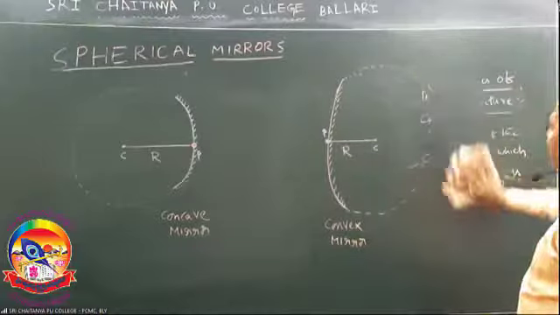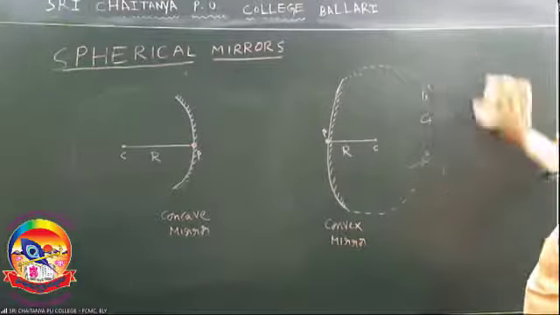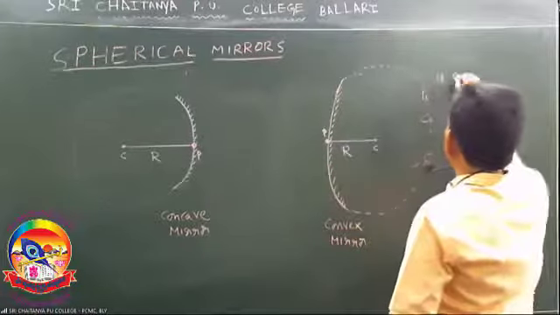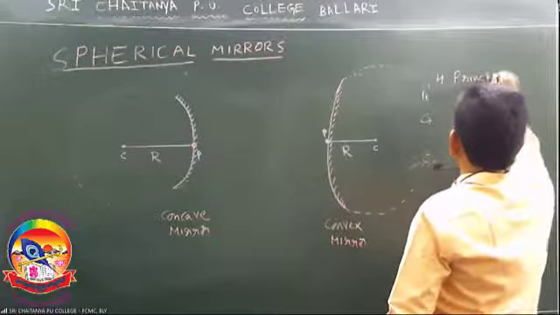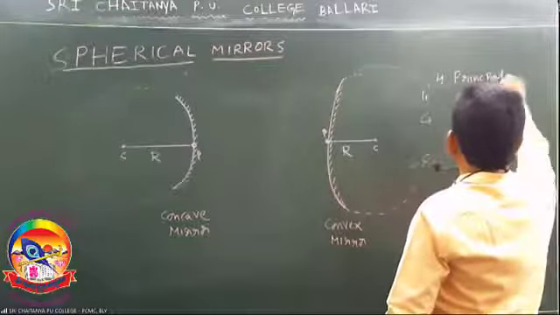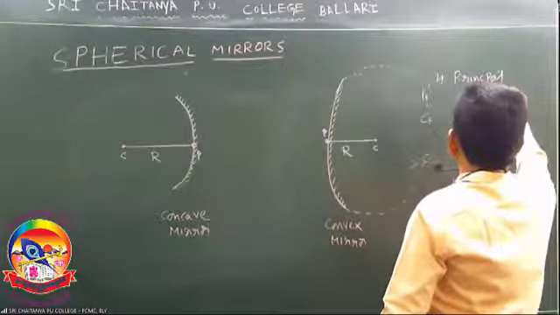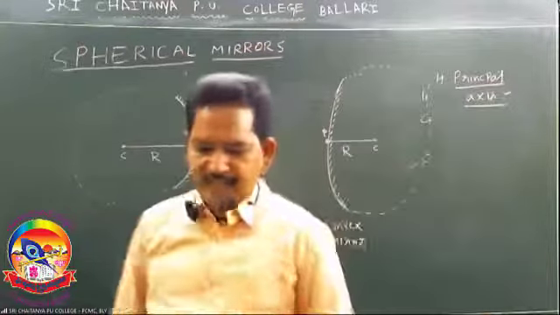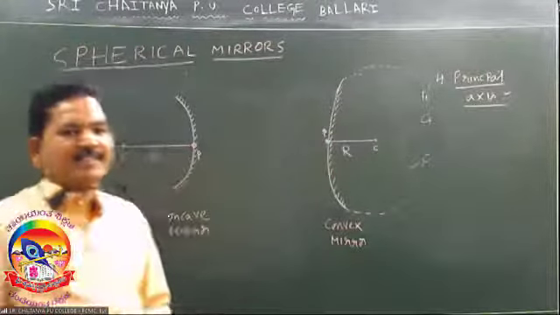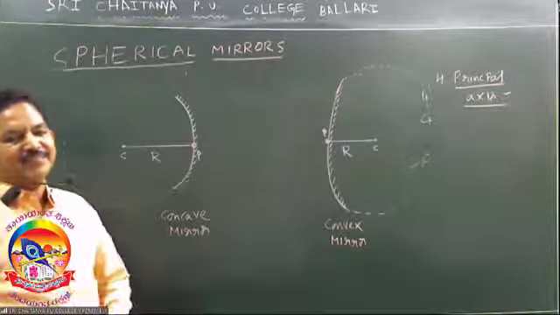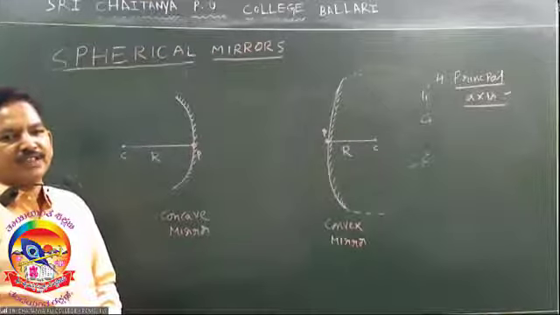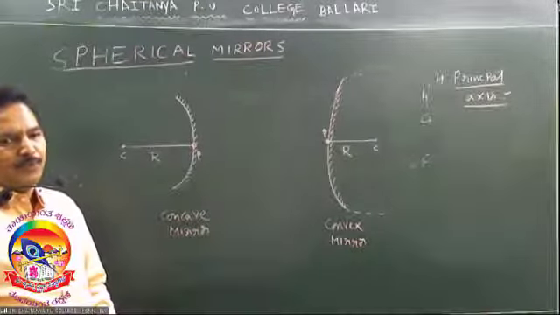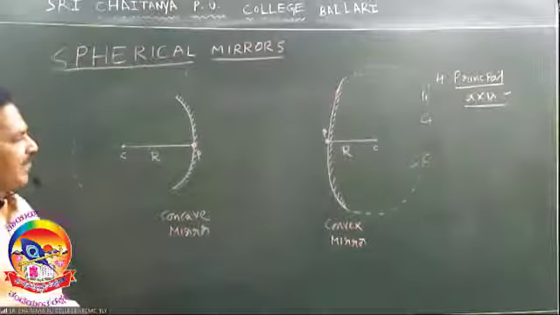Now the fourth one, principal axis. How to define the principal axis? The principal axis is a straight line which joins the pole of the mirror to the center of curvature.